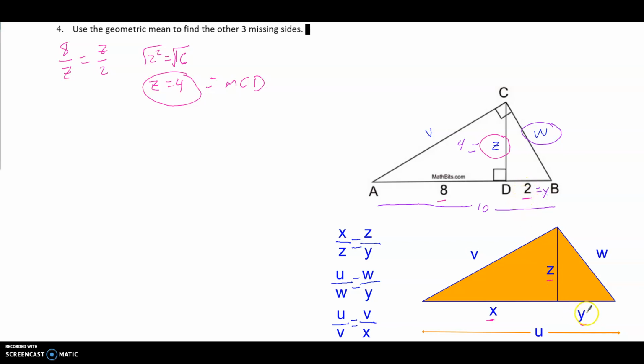So just corresponding my triangles right here. So here I have U over W, so that's 10 over W, equals W over Y, or W over 2. And then cross multiply, I get W squared equals 20. And then whatever the square root of 20 is, that's going to be 4 point something.